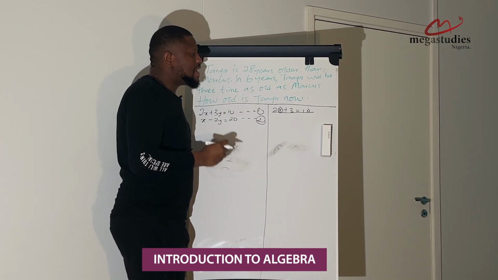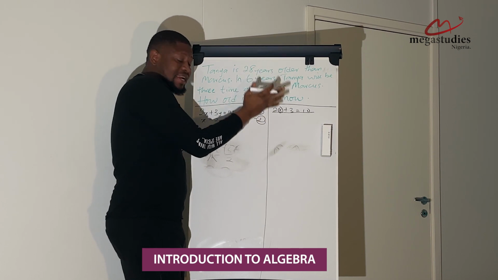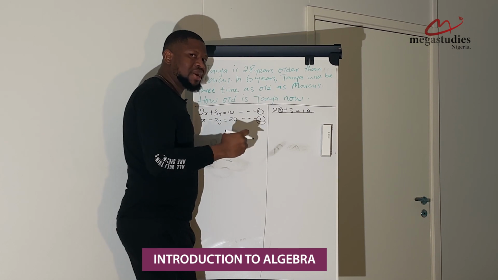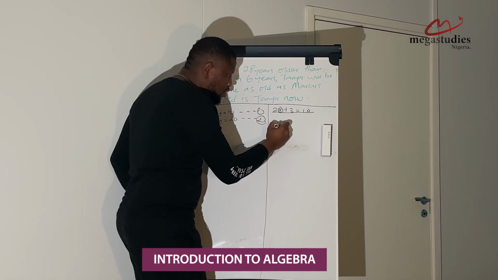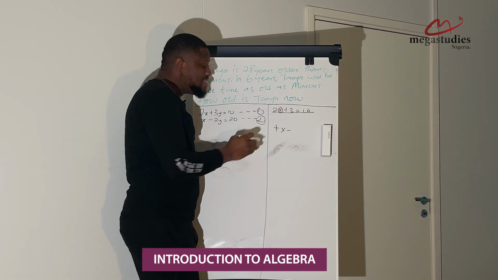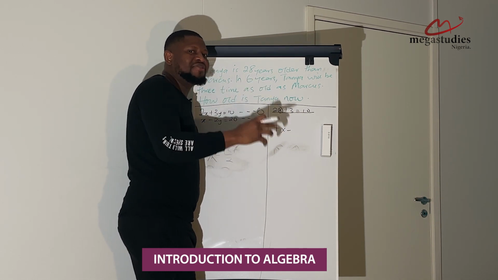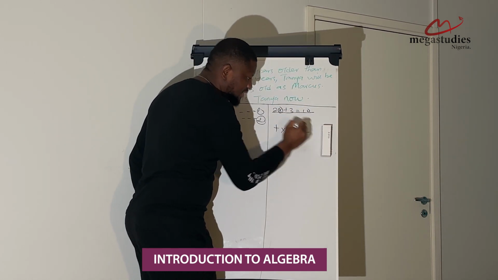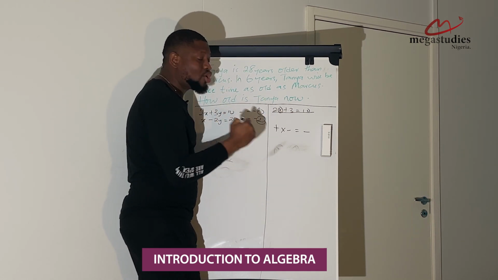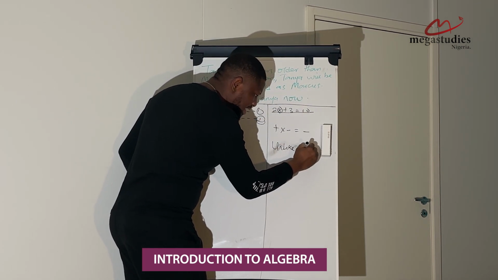You understand? Now, another thing you need to know in dealing with equations like this, either linear, quadratic, or simultaneous equations, is when you are multiplying signs. For example, plus times minus. When positive and negative are multiplying, the resultant effect is always negative. We call this unlike signs.